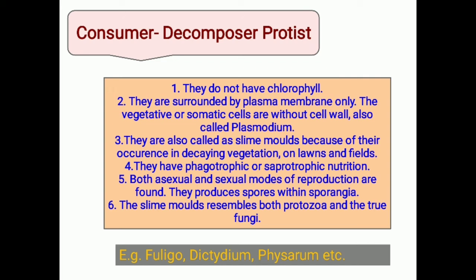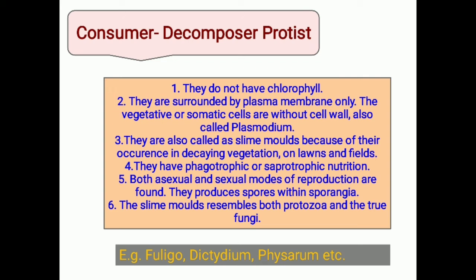Now, they have both asexual and sexual modes of reproduction. Asexual means they do not form any kind of gamete, and sexual reproduction means they form the gametes, that is the male and female gamete.